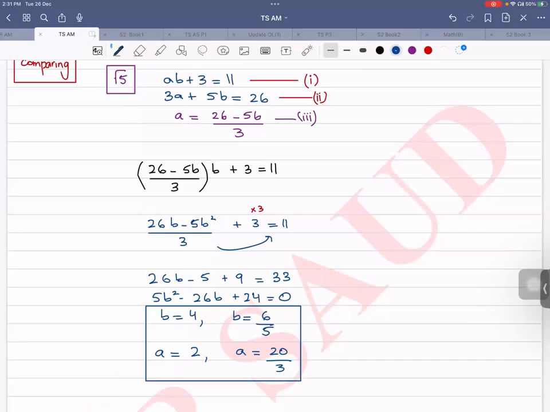Done, Arad? I'm not getting 20/3. I'll redo the equation.